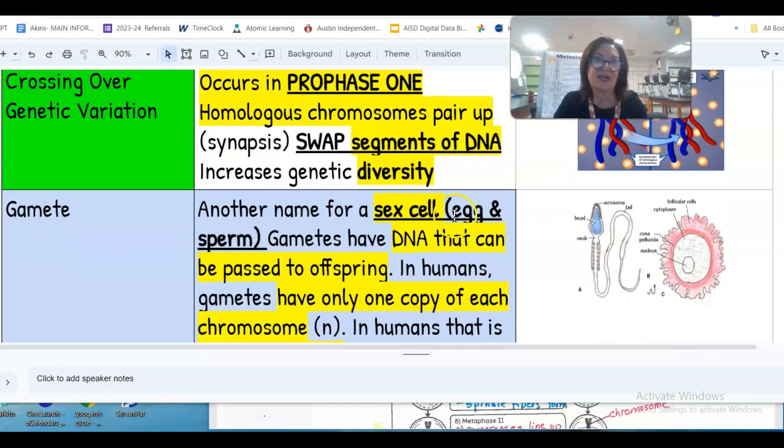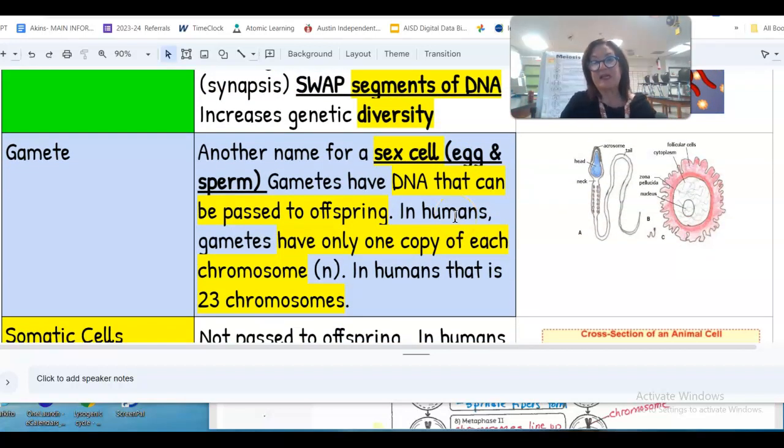Alrighty. Next we have gamete, and a gamete is another name for that sex cell, the egg and the sperm. So gametes have the DNA that will be passed off to their offspring. Over here we have an image of the egg and the sperm, and each of these only contain half the amount of chromosomes as a full-on cell, because when they come together, they're going to make a diploid cell.